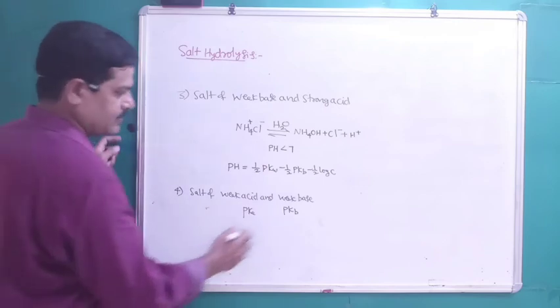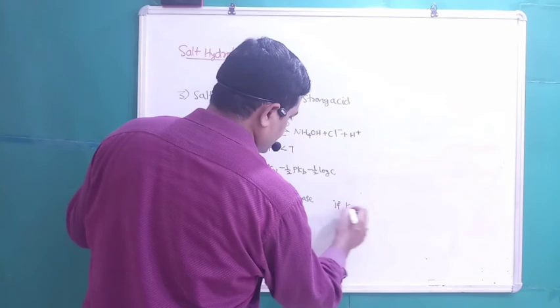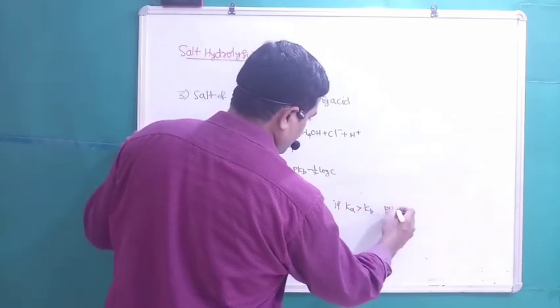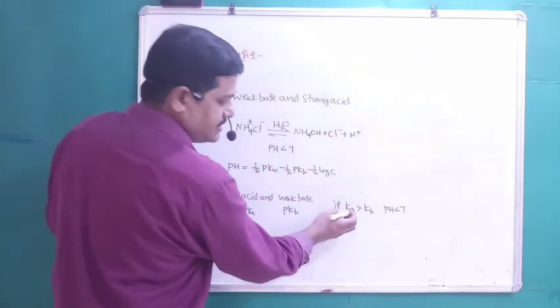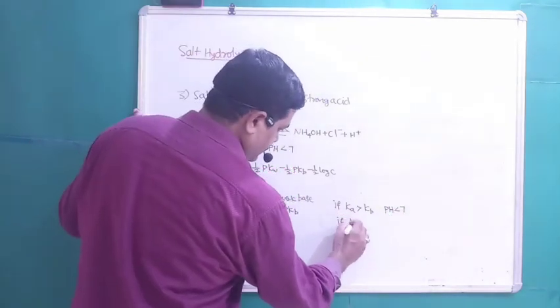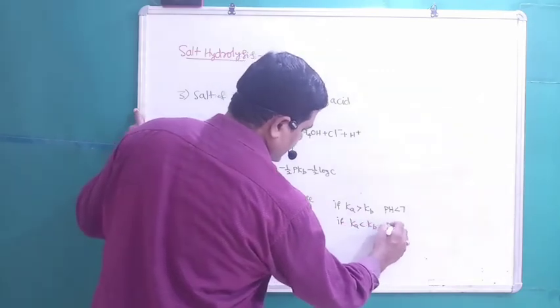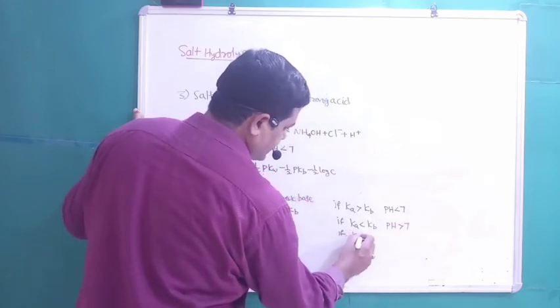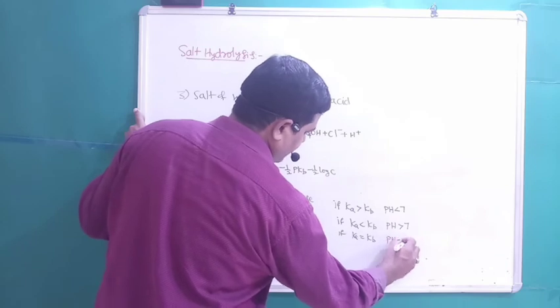If Ka is greater than Kb, the resultant solution pH is less than 7 because relatively the acid is stronger. If Ka is less than Kb, then the pH is greater than 7. If Ka is equal to Kb, then pH is equal to 7.